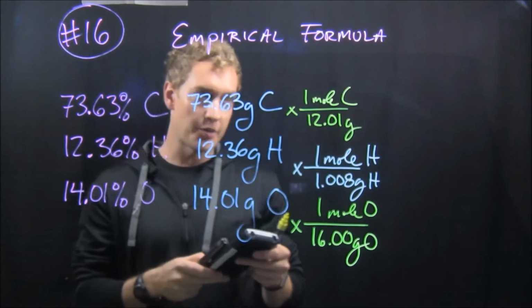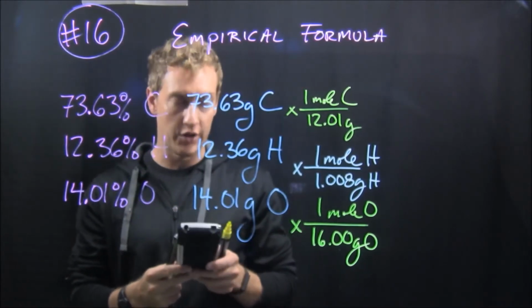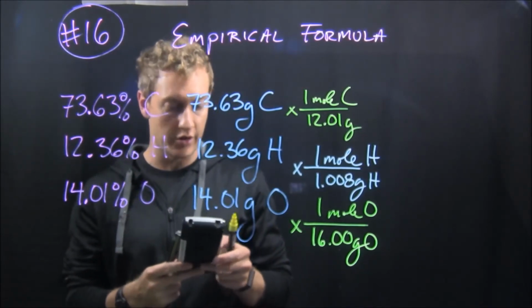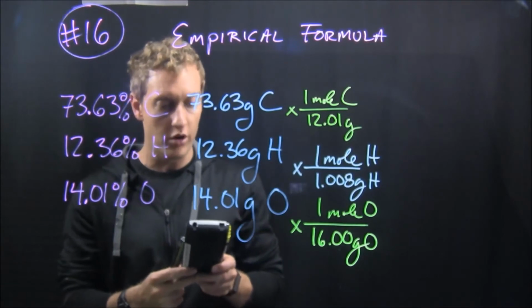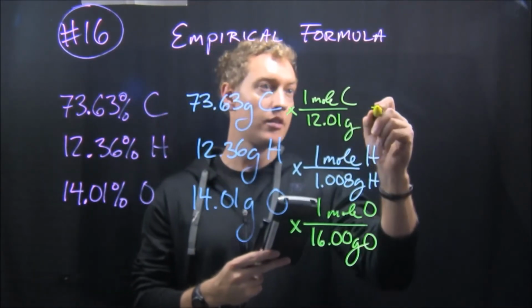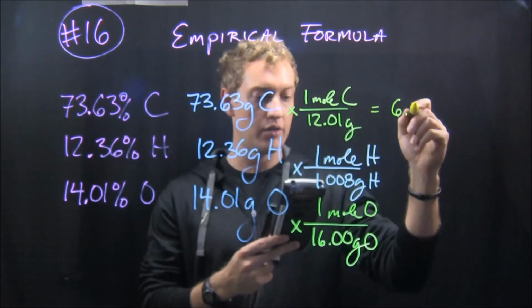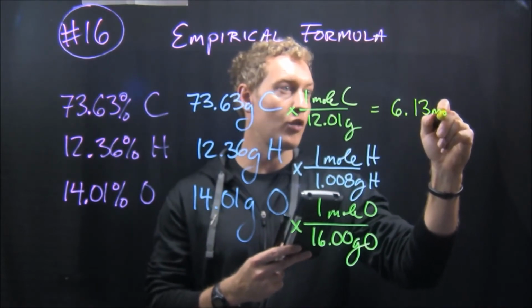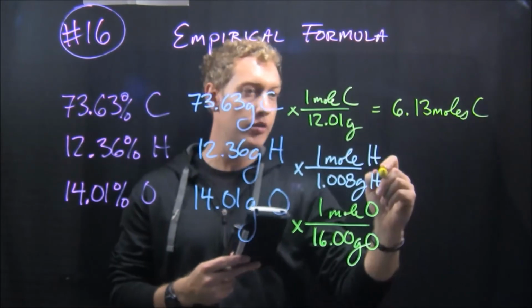It's going to be about 6 moles of carbon. 73.63 divided by 12.01, you get 6.13 moles of carbon.